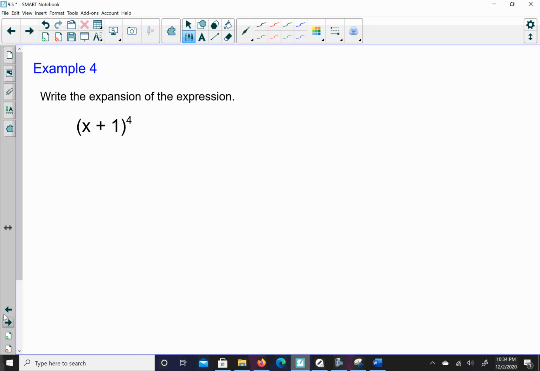So if I go to write the expansion of the expression x plus 1 raised to the 4th power, and this is like the baby one, this is the easiest we can get. So when I start to do this, I'm going to do combination 4, 0, combination 4, 1, combination 4, 2, 4, 3, and then finally 4, 4.